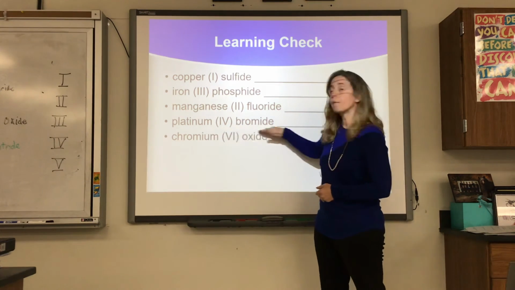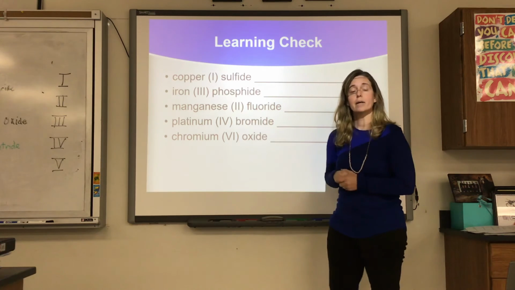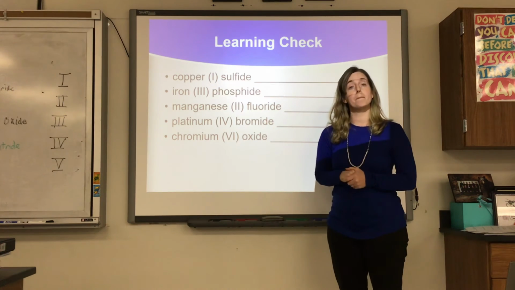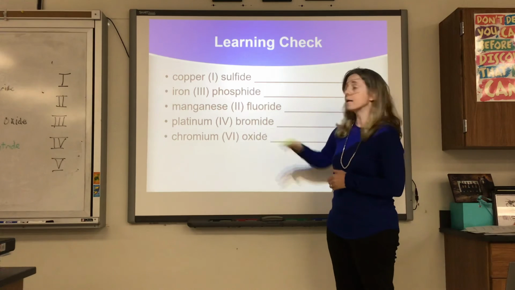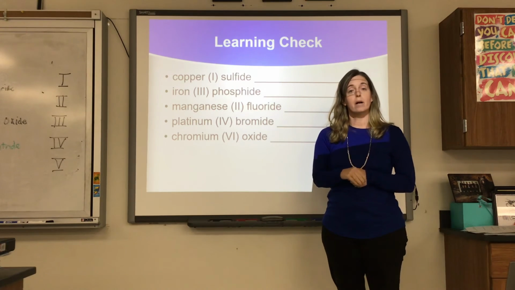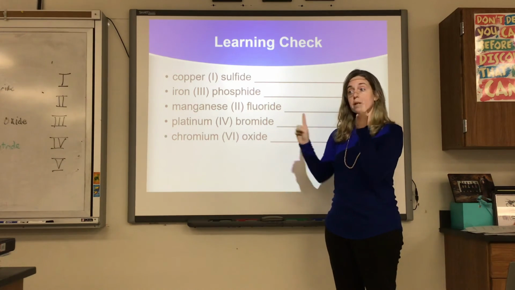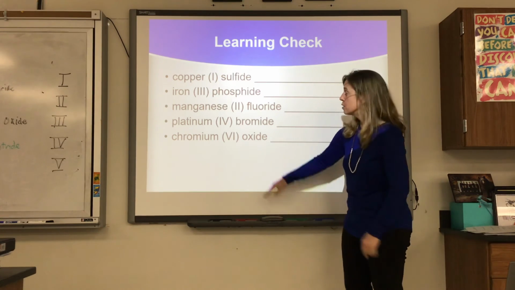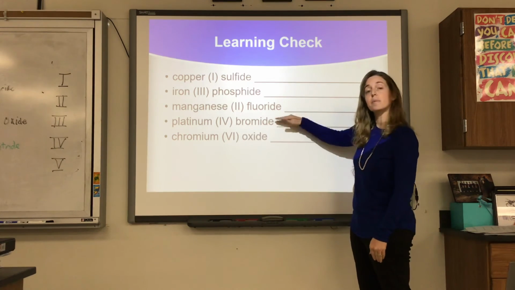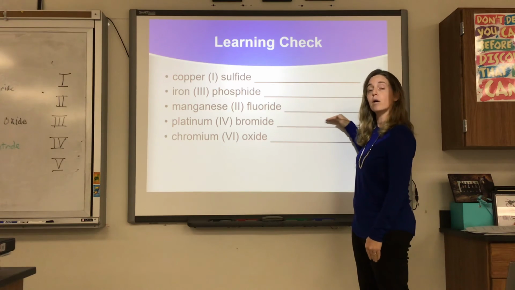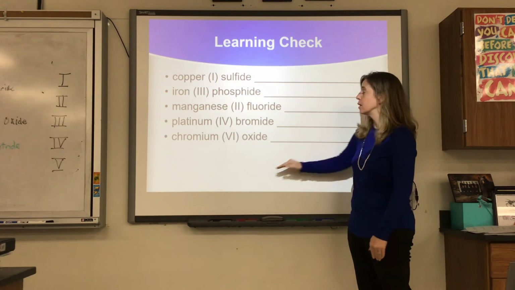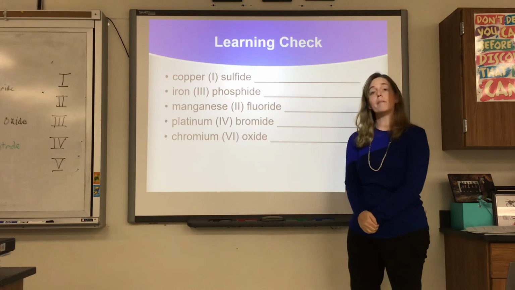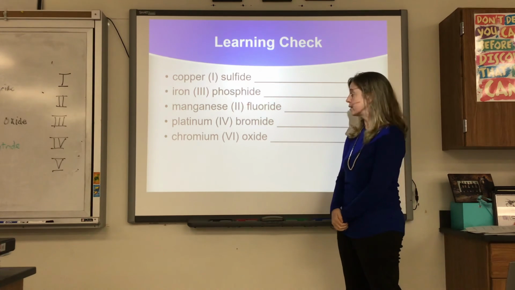Platinum 4 bromide. Okay, so platinum 4 means it's a +4. Bromide means it's a -1. A +4 and a -1, they're not the same number, so you drop your charge and crisscross. So platinum is Pt, so it'd be PtBr4 as a subscript. And then the last one would be chromium 6 oxide.